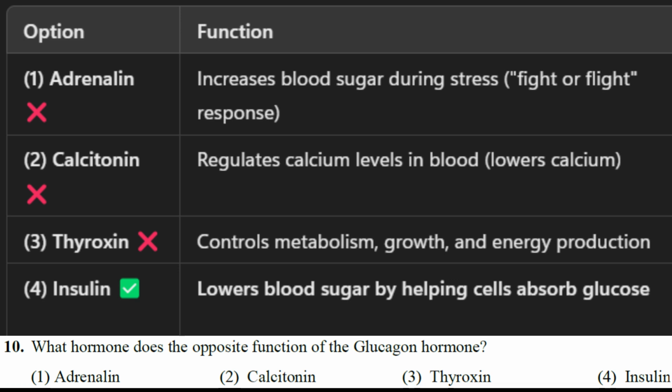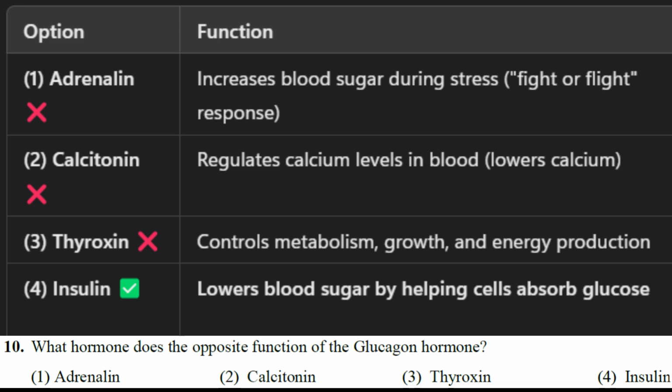Usually during fasting, when you are low in blood sugar level, glucagon is secreted into the blood. The adrenaline hormone increases blood sugar during stress, creating the fight or flight response in our body.